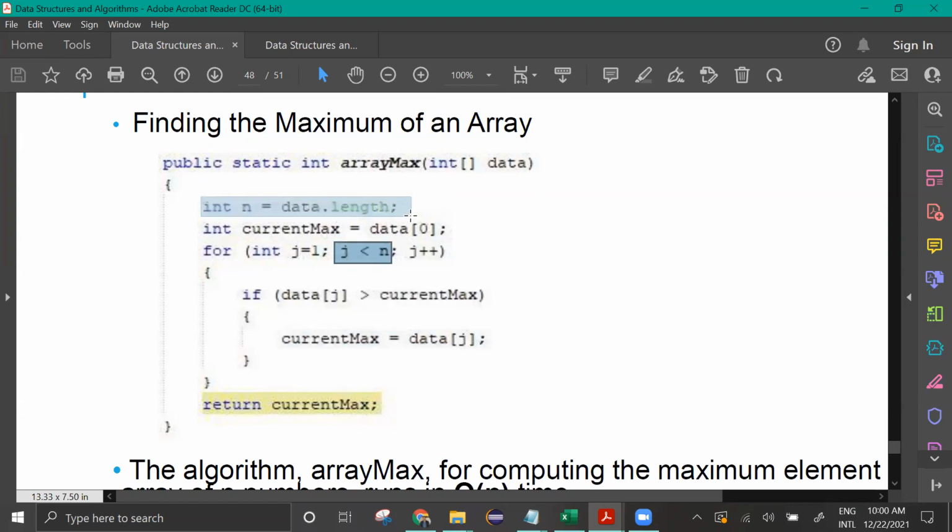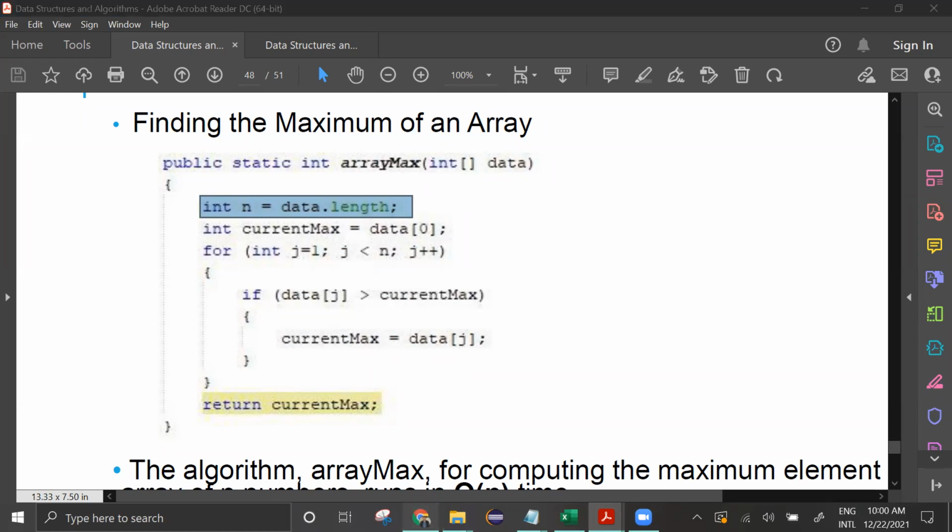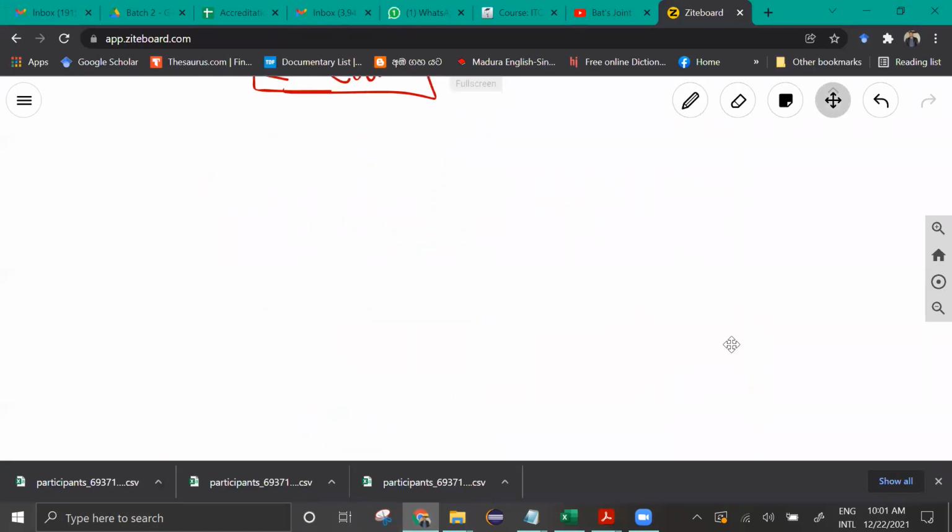Suppose the first line takes time x, the second line takes time y, and the other assignment takes time c.